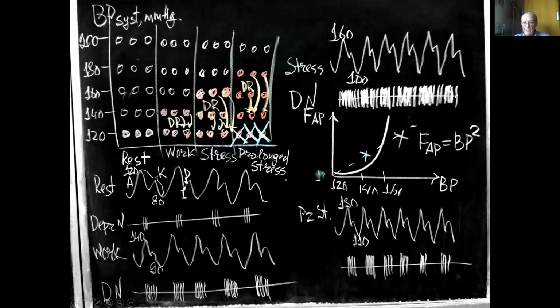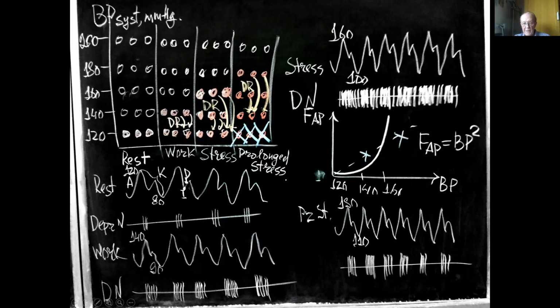Why don't we see the separate patterns of these action potentials? They are summarized in a lot of action potentials, because it depends on the second property of these baroreceptors.